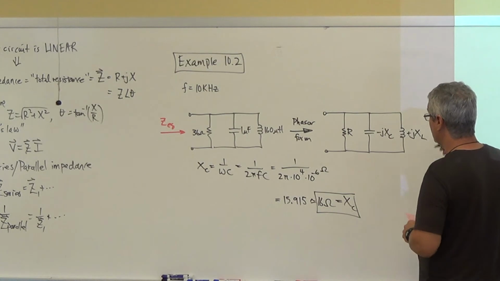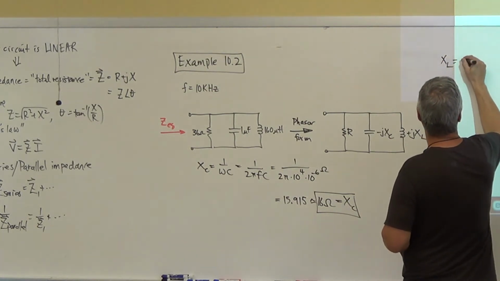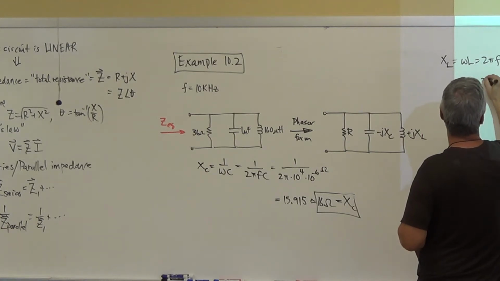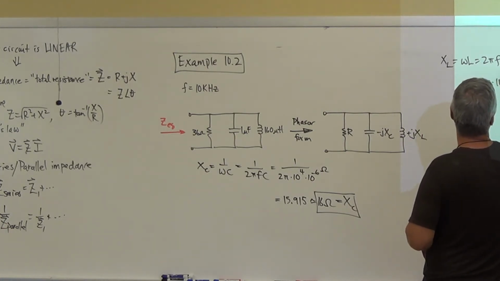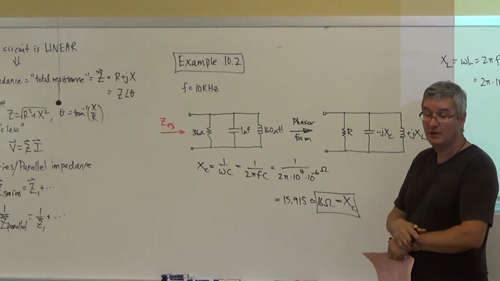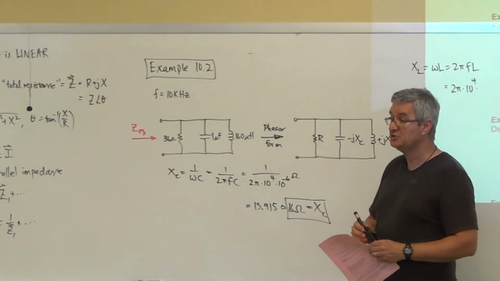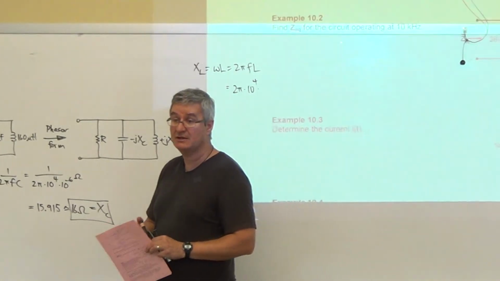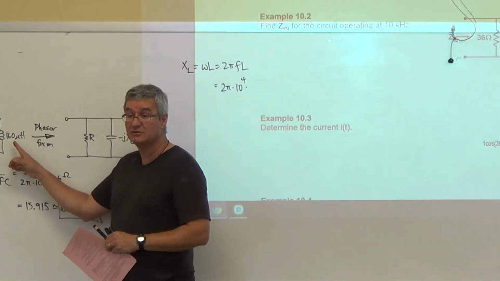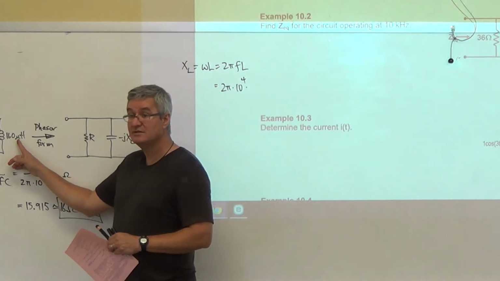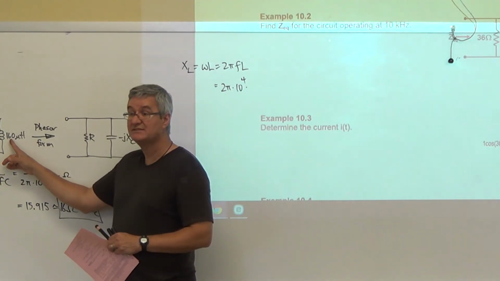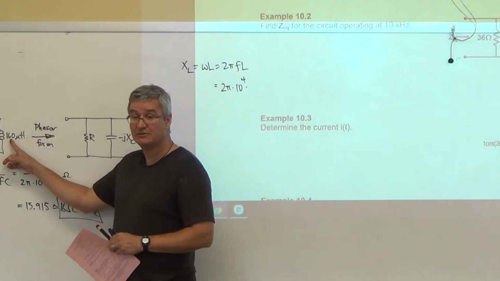Now, if I look at XL, XL is omega L, of course. So if I start punching in these numbers, I'm going to get 10 to the 4th, and the inductor here. So now let's look at the inductor. You're going to have to watch me because I've been talking a little too much lately, so my head is kind of not on right. So let's see here. 10 to the 6. This is 160. That's 1.6 times 10 to the 2.